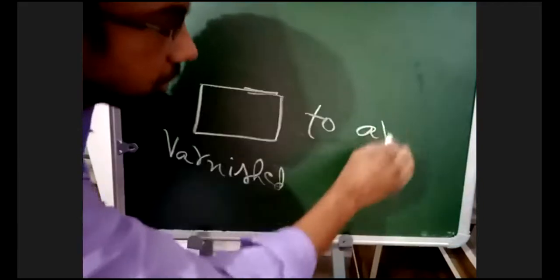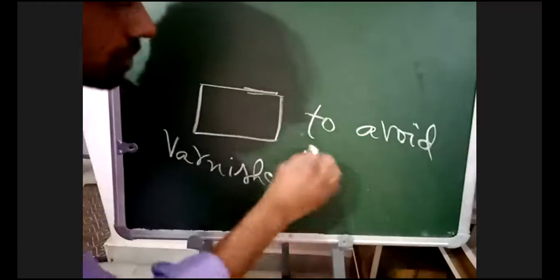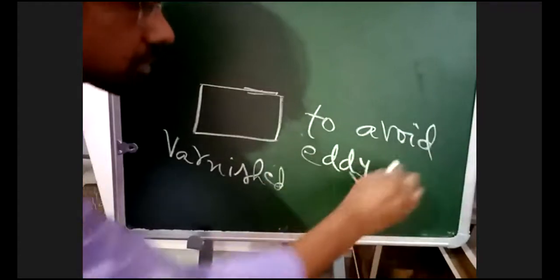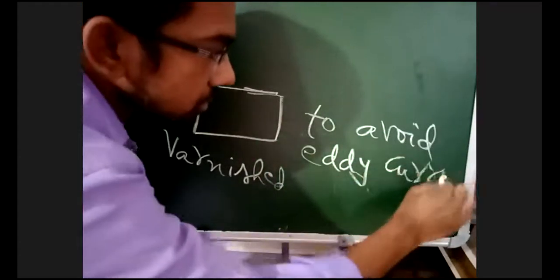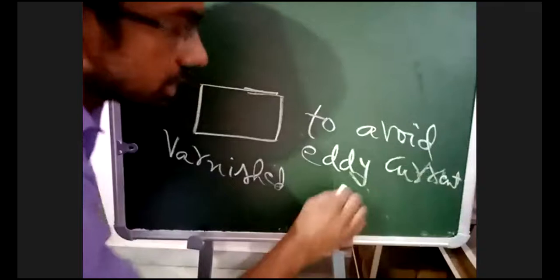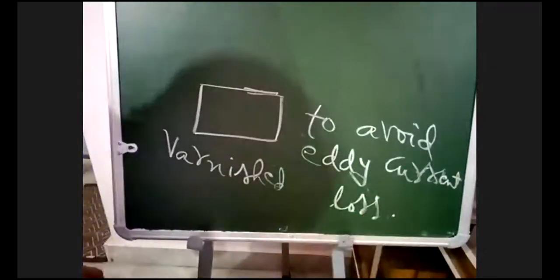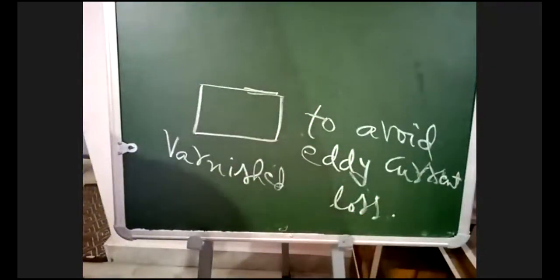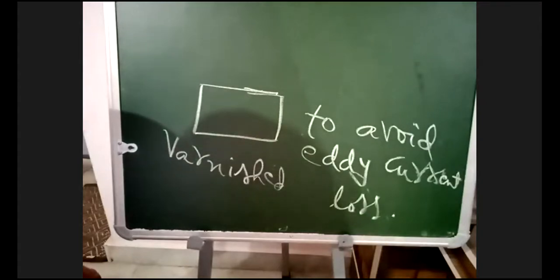To avoid eddy current loss. Write down the question, I am telling one question. Why is the iron piece laminated? Why is the core laminated?